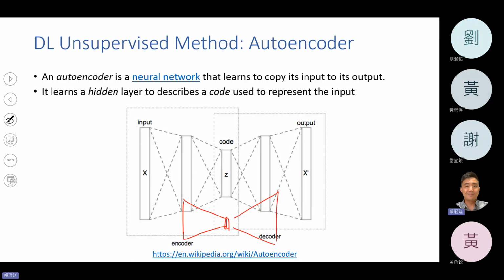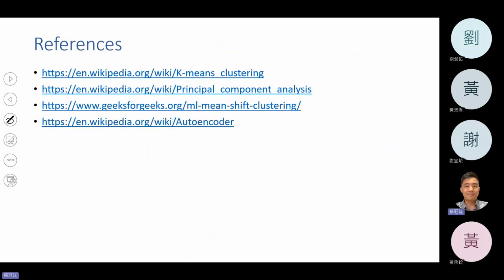Using this you don't need labels, because you just try to make the output x very similar to the original x. Once you succeed, you will have a very good embedded vector. It's very useful and popular in machine learning.